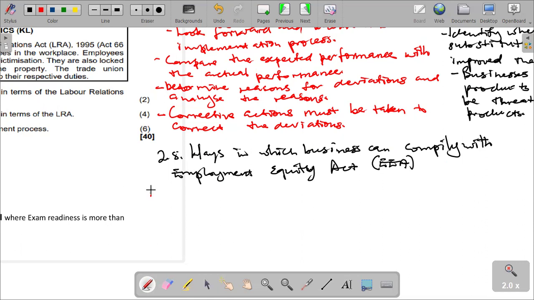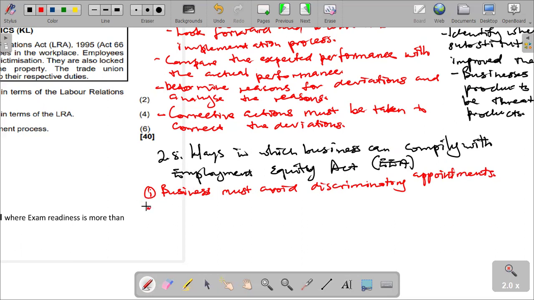So number one, businesses should guard against discriminatory appointments, where certain people are given provisions based on certain qualities or criteria which are not applicable to everyone. So businesses must avoid discriminatory appointments.